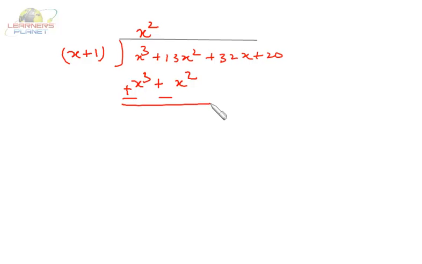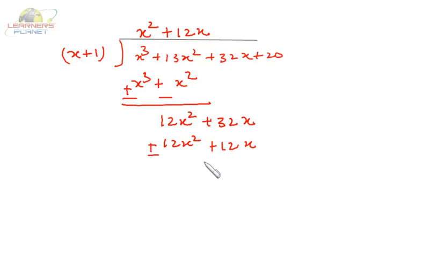Just deduct it. It is 12x square plus 32x. So we have to get 12x square, so let's multiply by 12x. So 12x square, 12x into 1 is 12x. Deduct it.